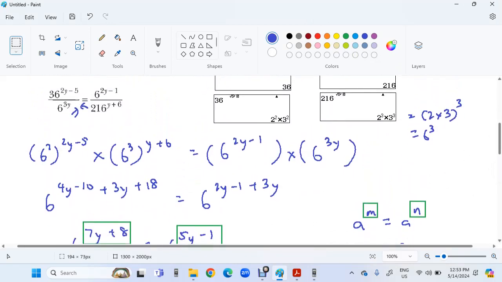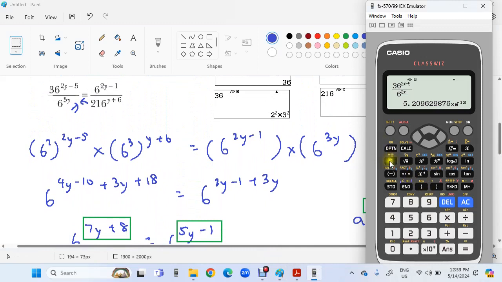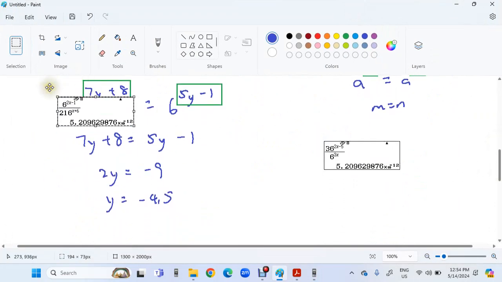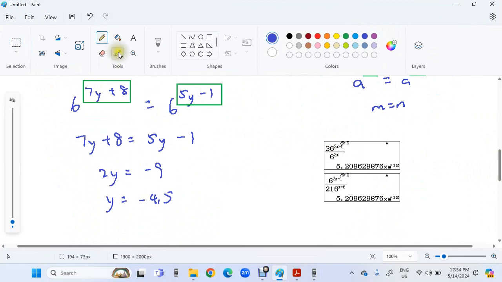And then we have 6 to the power of 2x minus 1 over 216 to the power of x plus 6. So negative 4.5. So both will give you the same answer. So this is correct.